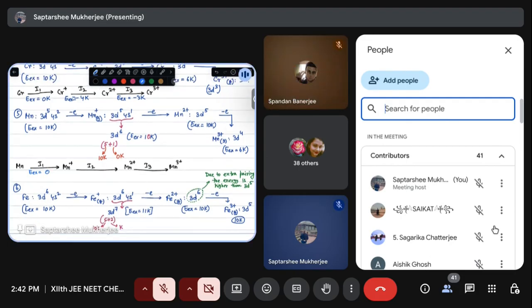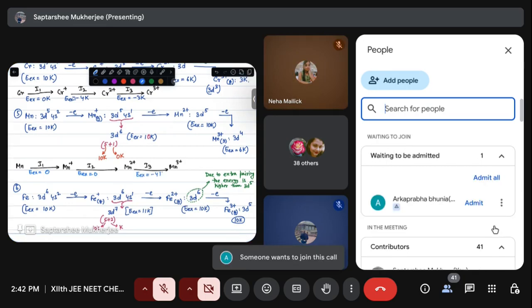During the second time, manganese plus to manganese plus 2, 0. Manganese plus 2 to manganese plus 3, minus 4K. Correct.